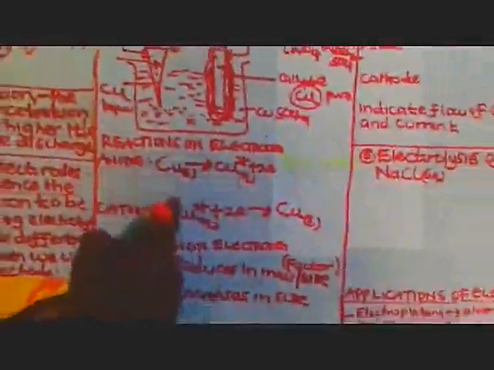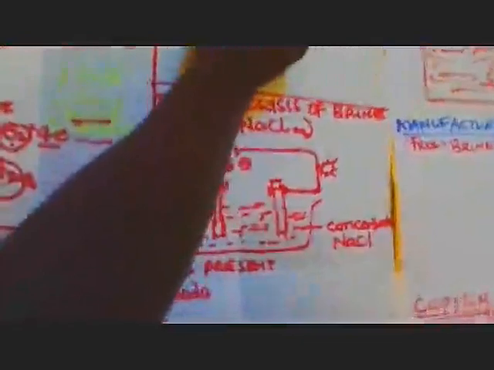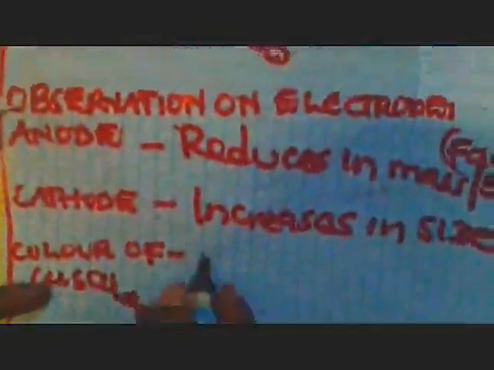Now, remember, our observation is that our anode is going to reduce in mass, or we are saying the size. Remember, here we are applying the factor of nature of electrodes. The graphite or carbon electrodes are going to be different from this one we are getting here. So we have that factor of nature of electrodes. Now, what is going to appear to the color of the copper II sulfate in the solution? Remember, it is pale blue.